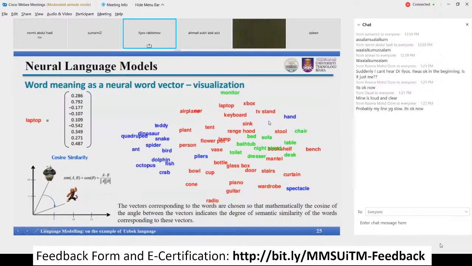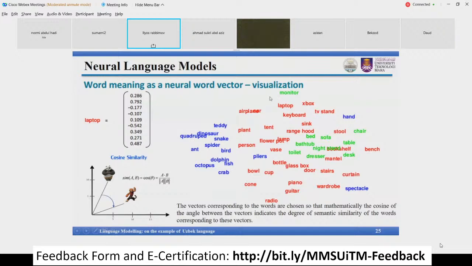You can see here laptop, keyboard, and Xbox, monitor located nearby, because these words are semantically close. And the vectors corresponding to words are chosen so that mathematically the cosine of the angle between the vectors indicates the degree of semantic similarity of the words corresponding to these vectors, like traditional mathematics.